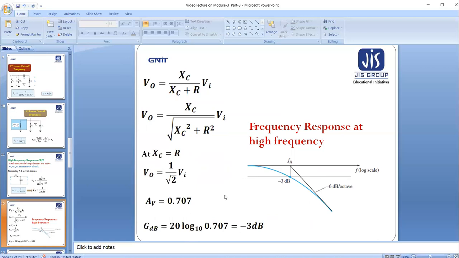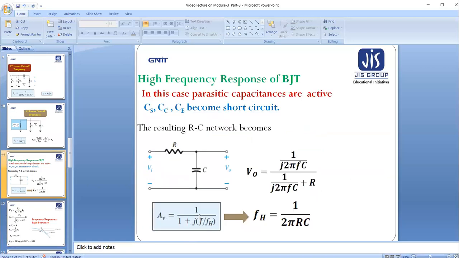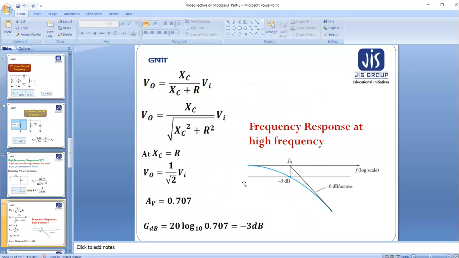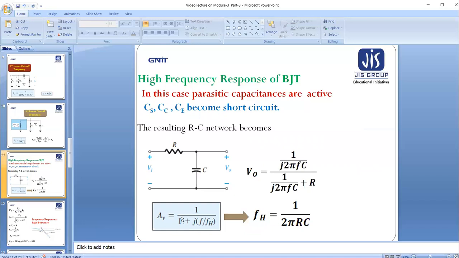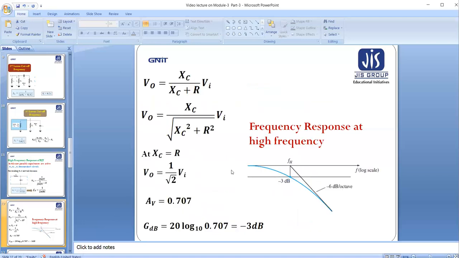So if we plot this expression, going to the previous expression 1 by 1 plus j, it will look like this, because the denominator is higher, so it becomes decreasing. In the previous case, the lower cutoff frequency, the denominator was lower than 1, because that was 1 by 1 minus j fl by f.